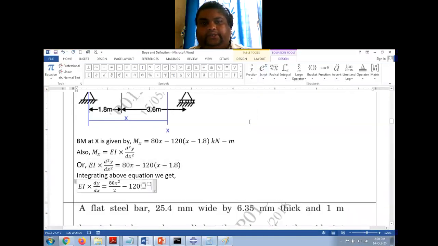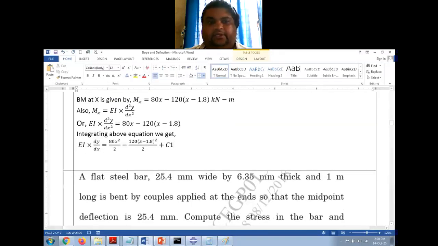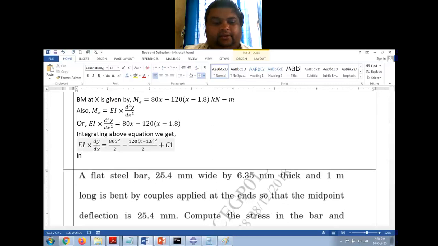So when you integrate this, it will become x minus 1.8 whole square by 2, correct? That's it, plus c1. That is my constant of integration. I'm integrating this equation again.